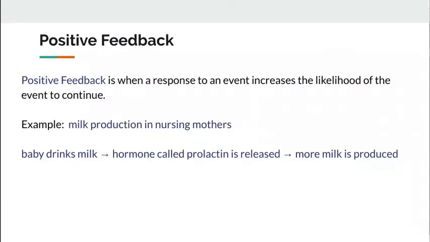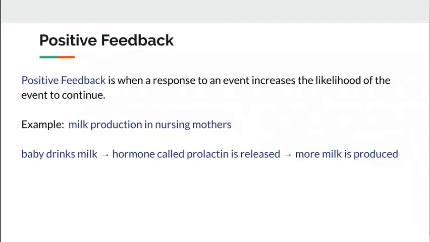Another example of a positive feedback loop in humans, which also has to do with babies being born, is when nursing mothers produce more milk. So, what happens is that the baby drinks the milk, and then there's a hormone that the mother releases called prolactin, and that makes there be more milk produced. And then the baby drinks it, and then there's more created.